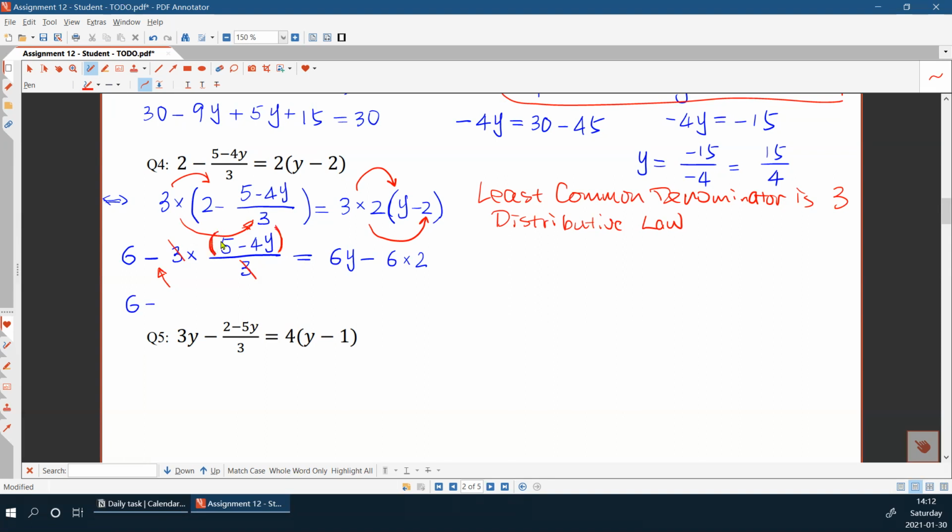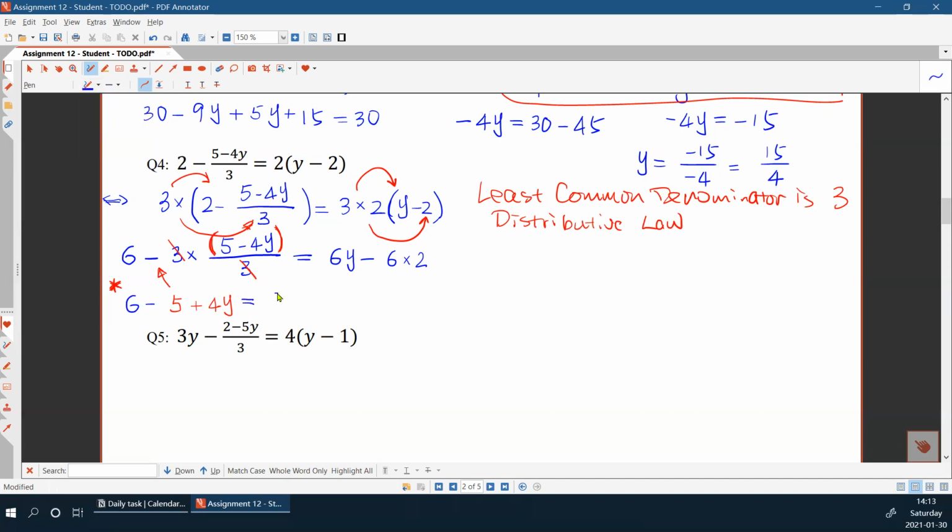So when you expand everything inside the brackets, all the signs inside have changed to the opposite. Okay, so this step is very important. You can easily make a mistake here.